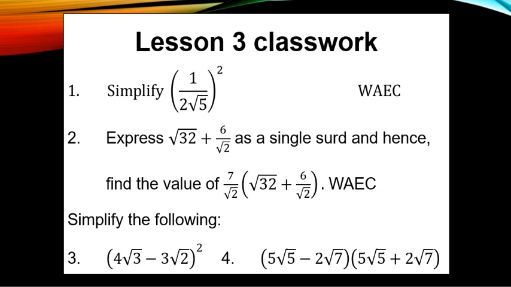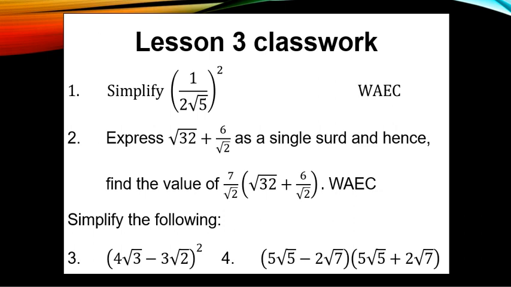Lesson 3 classwork number 1, you are asked to simplify (1 over 2 square root of 5) to the power of 2. Number 2, express square root of 32 plus 6 over square root of 2 as a single surd, and hence find the value of 7 over square root of 2 times (square root of 32 plus 6 over square root of 2).